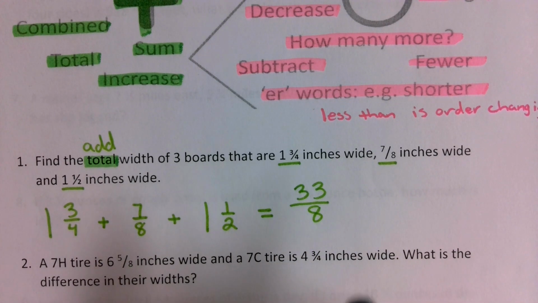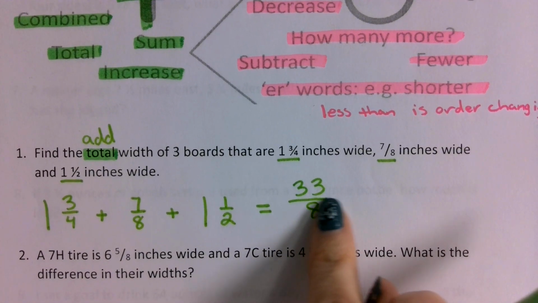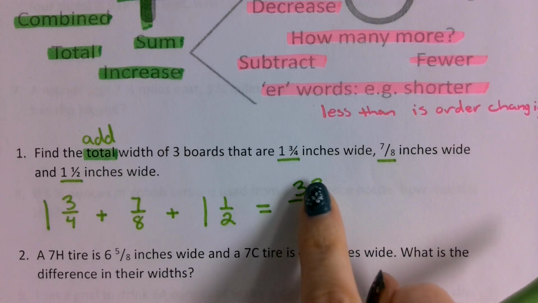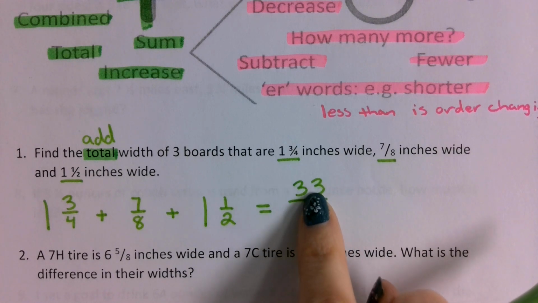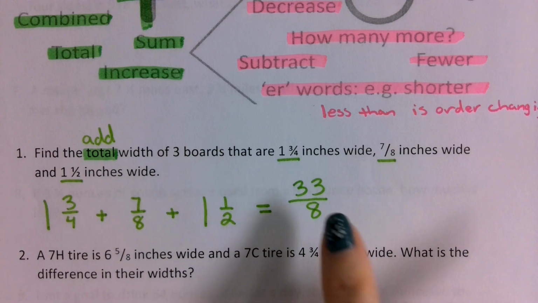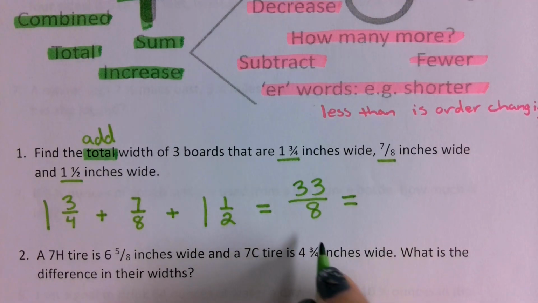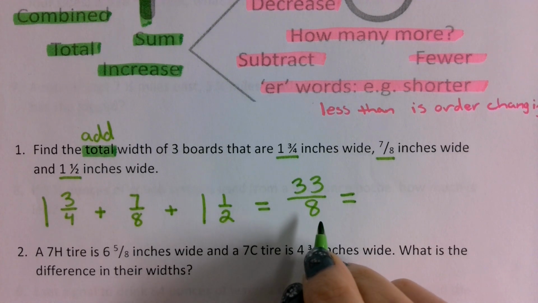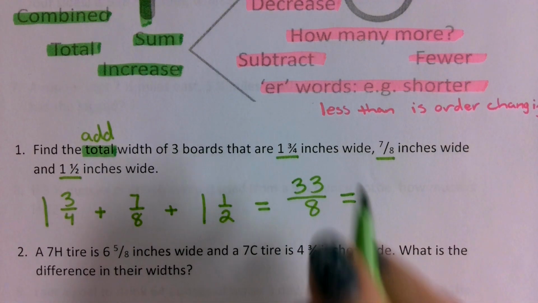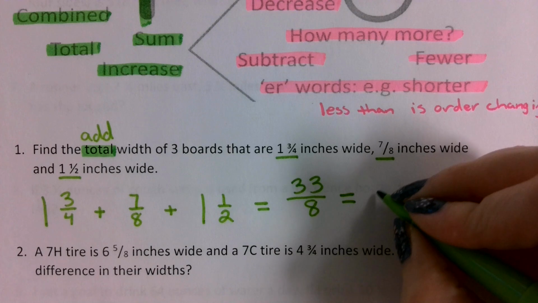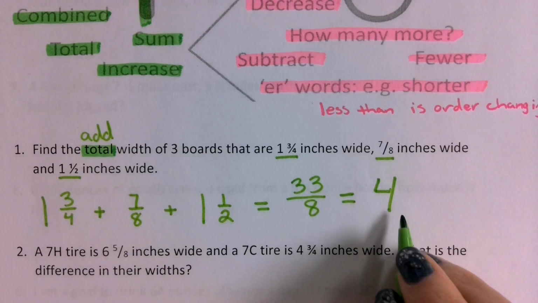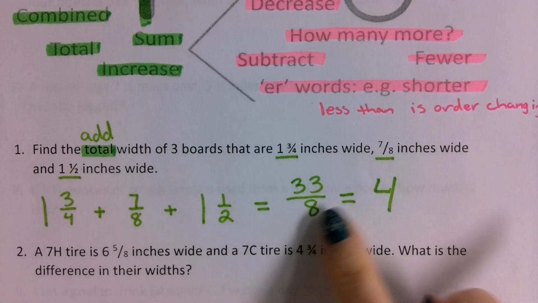How we do that is we've got to know how many times can 8 go into 33. How many whole times will 8 go into 33? Anybody know how many whole values of 8 can go into 33? Angel? 4. 4 whole times. And what is 8 times 4, guys?